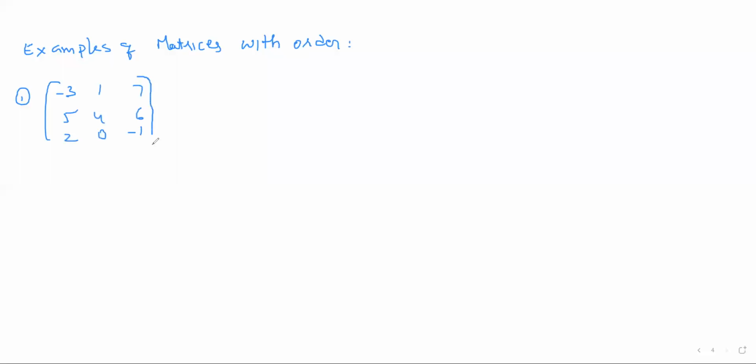What is the order of this matrix? 3 rows: first row, second row, third row. 3 columns. So 3 by 3. Next. What is the order of this matrix? 1, 2, 3: 3 rows. And how many columns? 2 columns only. Next.